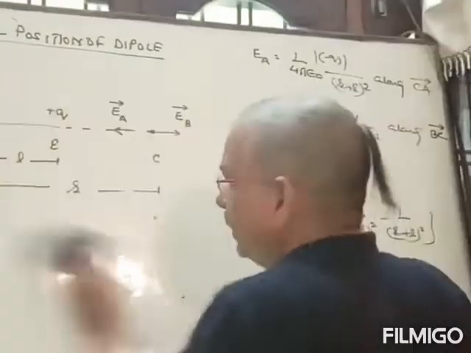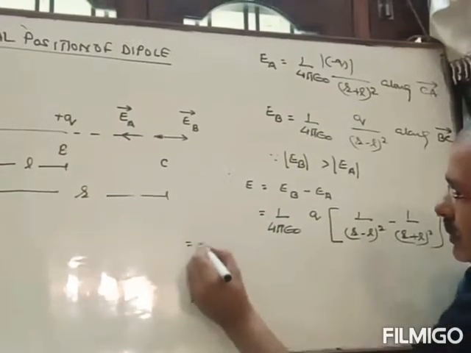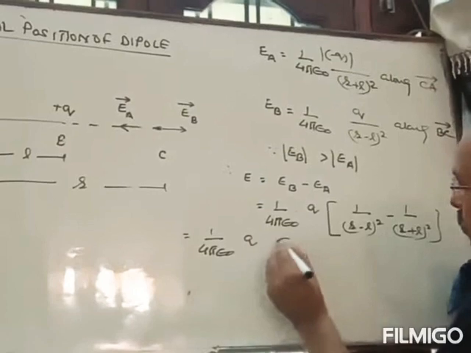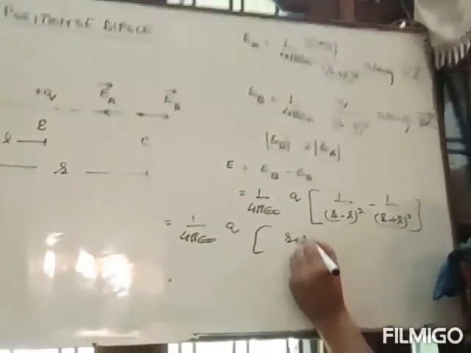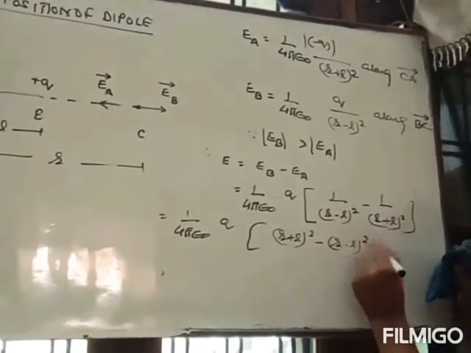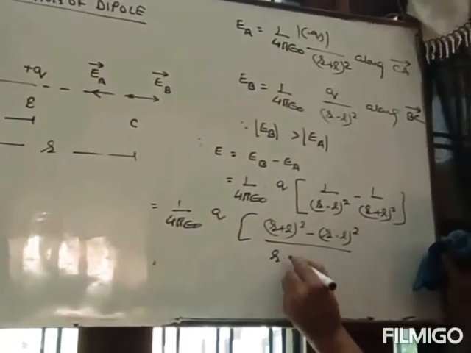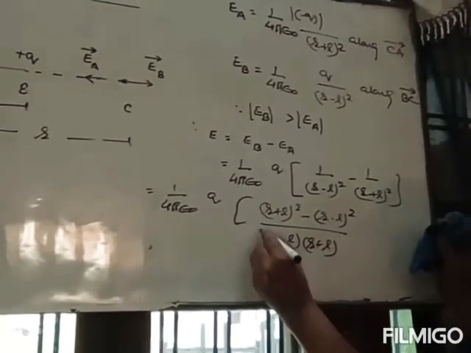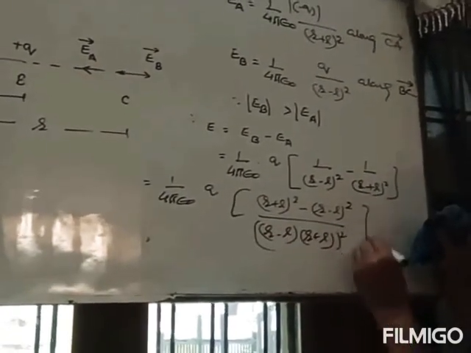When we simplify it, you will get 1 upon 4 pi epsilon 0 Q, R plus L whole square minus R minus L whole square, by R minus L whole square into R plus L whole square.